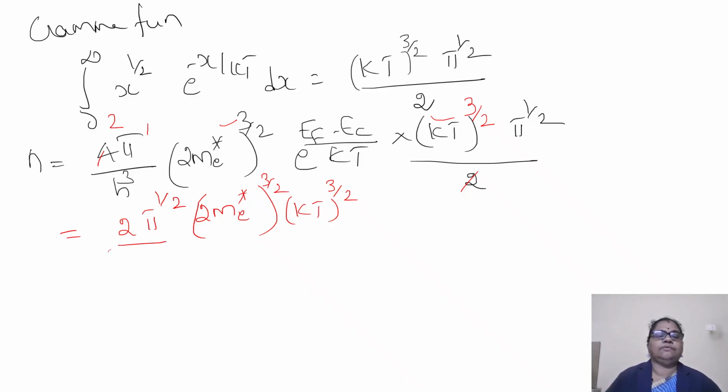Pi power half plus 1, so that's why pi power 3 by 2. And also here we have e to the power (Ef minus Ec) by kT.